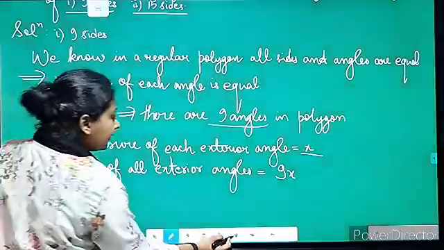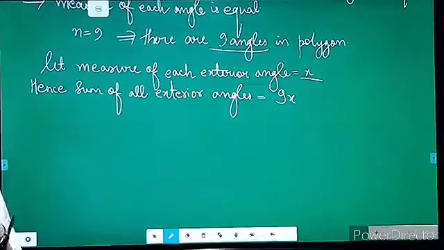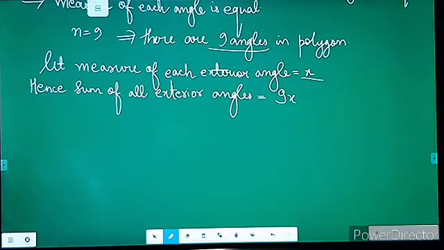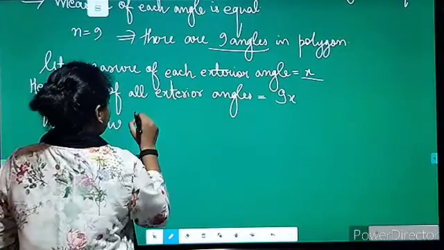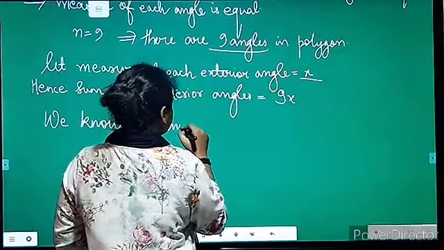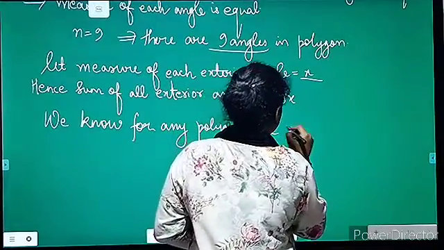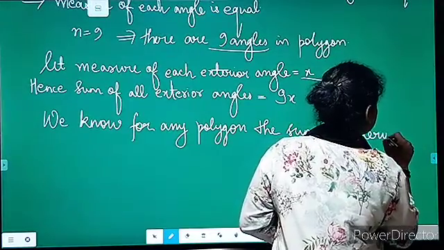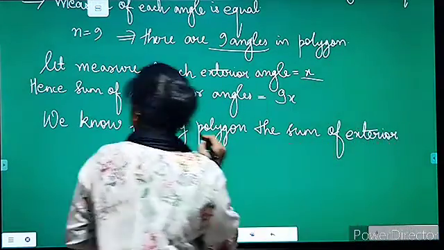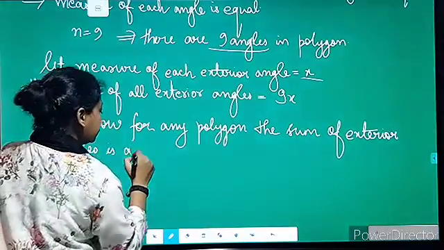Again, we have seen a property that no matter what polygon we have, the sum of exterior angles is always 360. So, here we write, we know for any polygon, the sum of exterior angles is always 360.